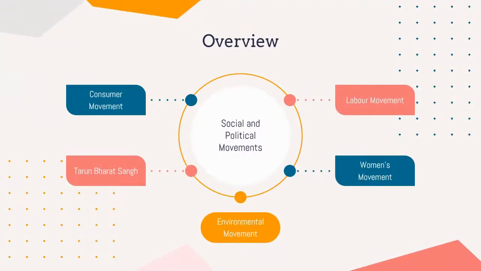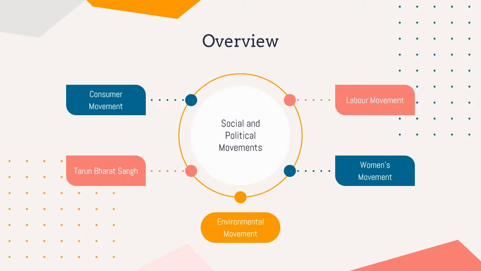Students, let's have a quick recap on all the different movements we learnt in today's video. First is the labor movement in India. We learned that the labor movement in India emerged during the industrialization period. We also learned that the first organization in India for the workers came to be known as the All India Trade Union Congress.